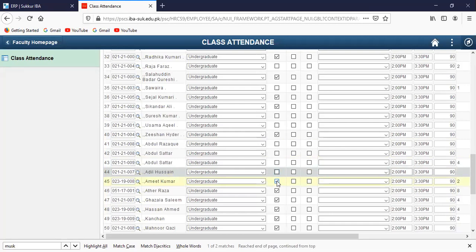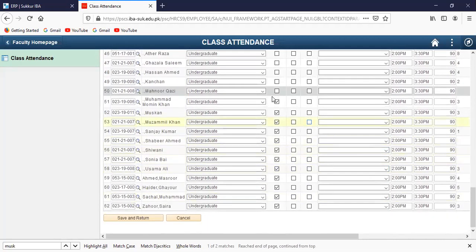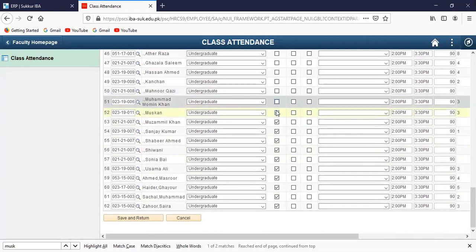Sir, Amit present. Akhtar, Azala Salim, Hassan Ahmad, Kanchan, Mama, Anur, Moin Khan, Muskan.